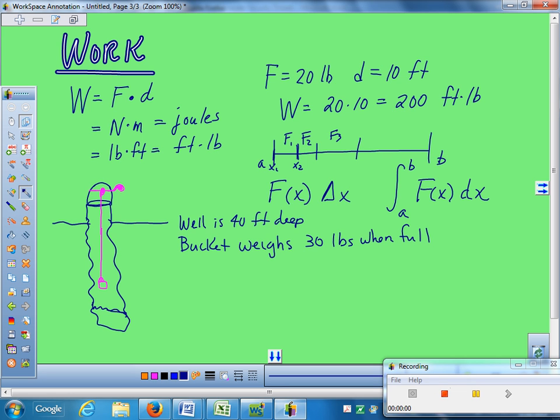However, your bucket has a leak. There's a hole in it. Okay, so it loses 1/4 pound of water for each foot it's raised.